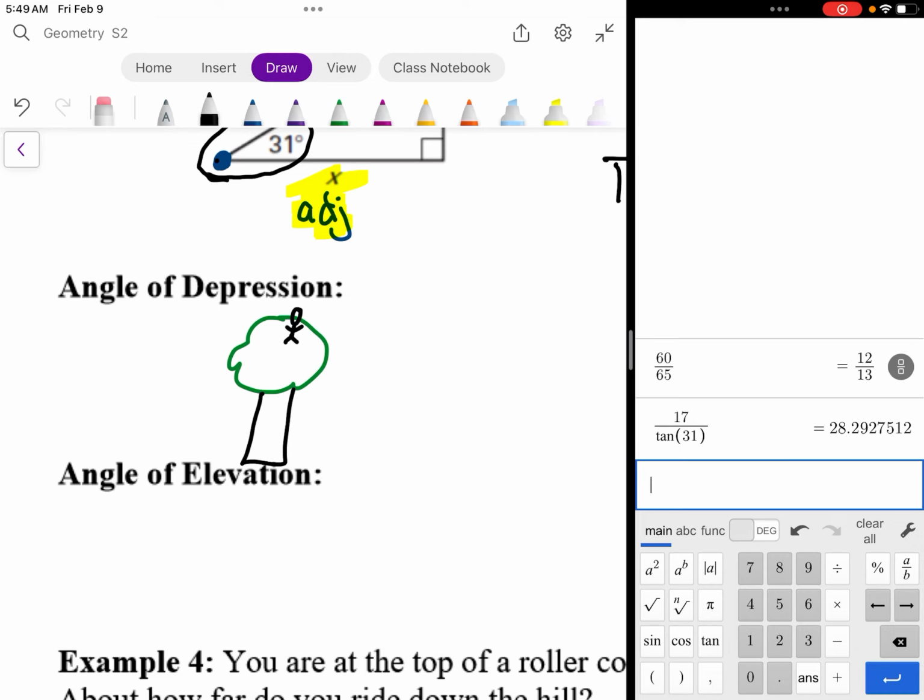The angle of depression is if you looked straight out that line, and then from there you looked down a distance, the angle formed between that straight line going down, that is the angle of depression.